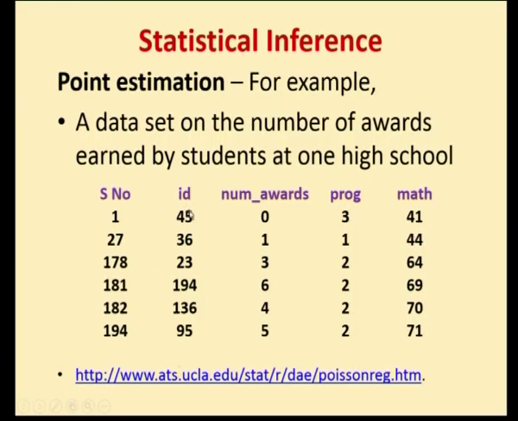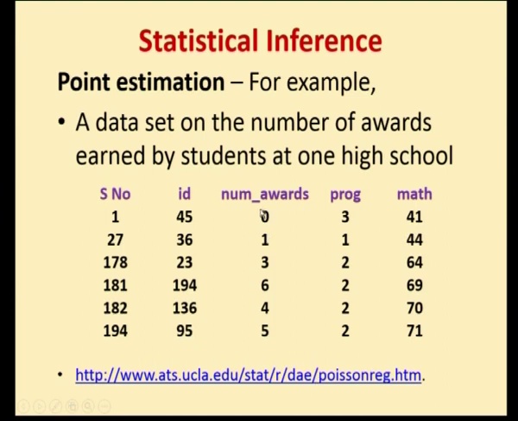A more realistic, numerical example I could spot out here for the same problem is a data set on the number of awards earned by students at one school. The problem is actually for a different purpose, but I have given it here because of this occurrence. The number of awards may be influenced by the program offered in the school, may be of different levels 1, 2, 3 and so on, and their score in mathematics.